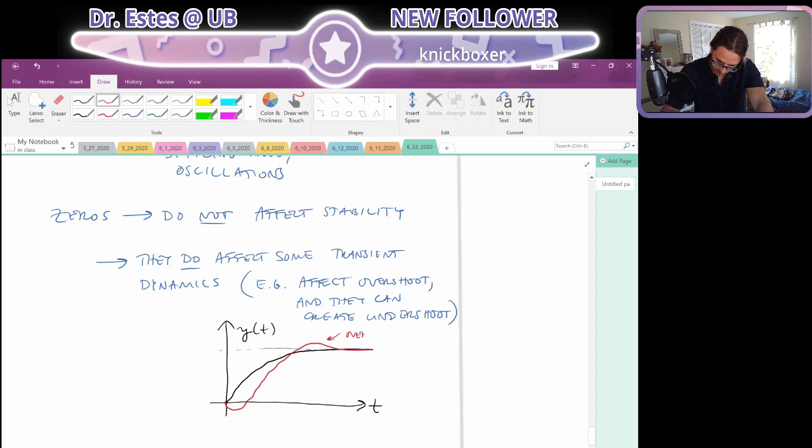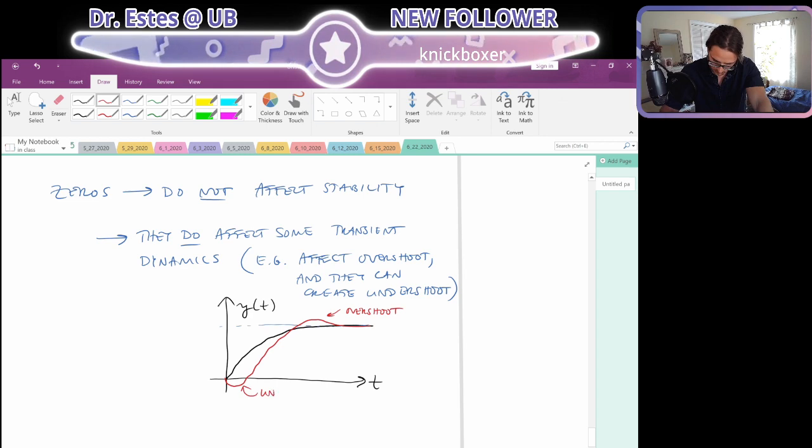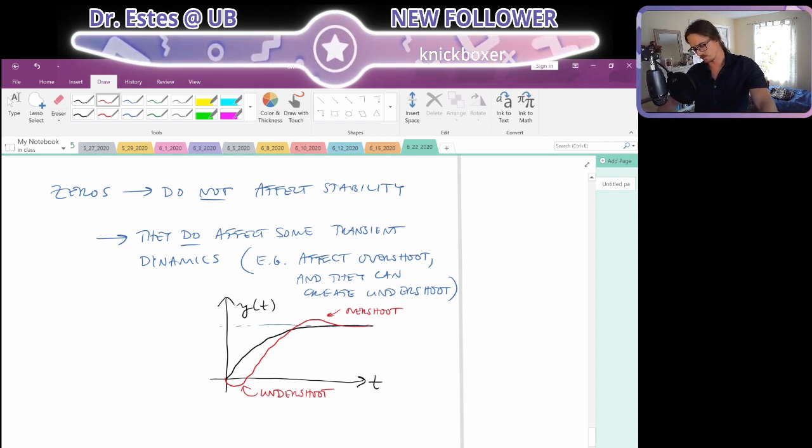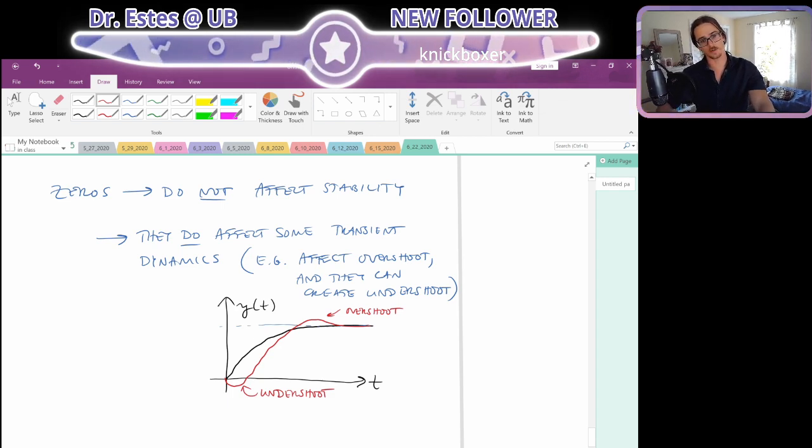So we've seen this before, that's overshoot. But this kind of initial undershoot, where it goes down before it goes in that direction, can be caused by zeros.